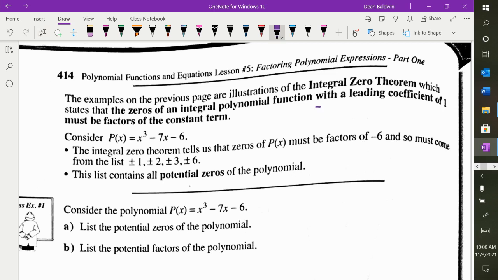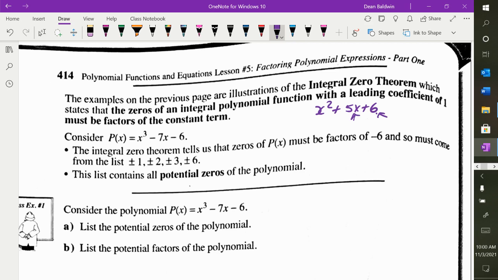When you're given a quadratic and I say factor it, what do you do in your head? You find what multiplies to 6 and adds to 5. You find what multiplies to this and adds to that. That's how you do it.